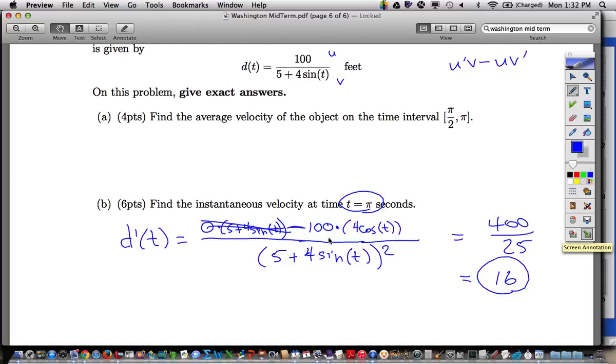Now, we're not going to get into that right now, but basically a fraction is 0 whenever the top is 0. So we would want to check and see when the top of this would be 0. Those would be our stationary points, do a number line, and then we can tell when it's going to the right and when it's going to the left. So anyway, that kind of finishes up that midterm thing we were talking about, but that's where we would use a quotient rule.